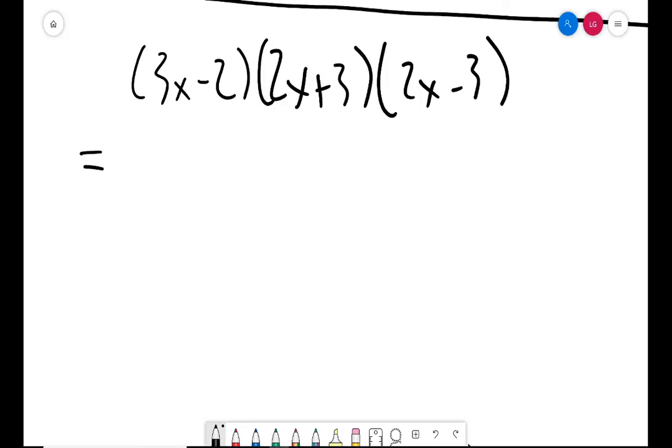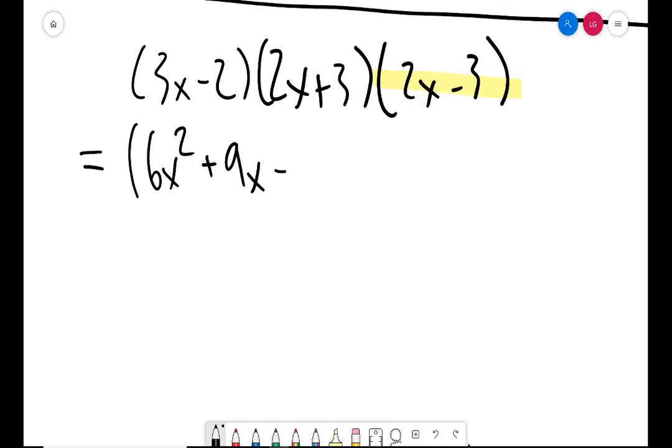So I'm going to multiply 3x minus 2 times 2x plus 3. 6x squared. Notice I know to write a parenthesis there because I'm not dealing with this until the next line. So I need another multiplication. I will need to close this off and multiply it through in the next step. So 3x times 2x is 6x squared. 3x times 3 is 9x.